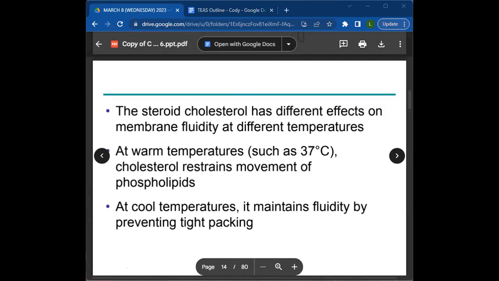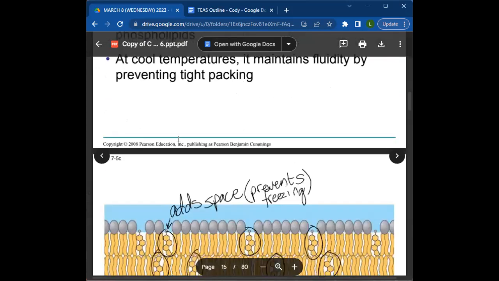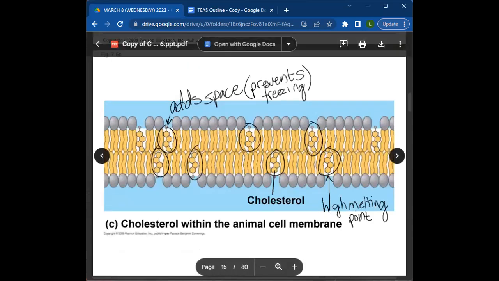Now, the second thing that the cell membrane is made of is cholesterol. Cholesterol also helps with the fluidity of the cell membrane. So as the cell membrane starts to become cold, the phospholipids are going to want to get really close to each other in order to form a solid.